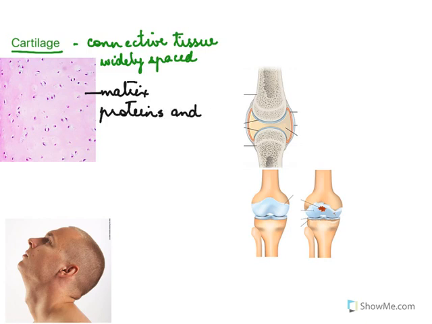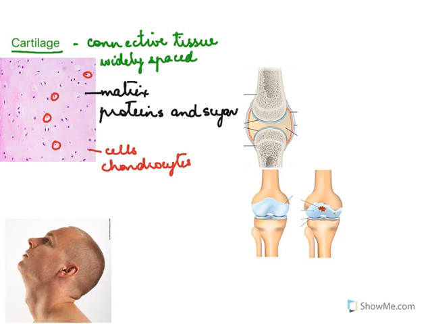We need to remember these points, that the matrix of the cartilage is made up of protein and sugar. And these are the cells of the cartilage. The cells of the cartilage are called the chondrocytes. So we have the entire matrix in which the cells of the chondrocytes are present.